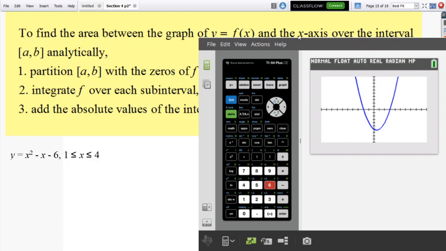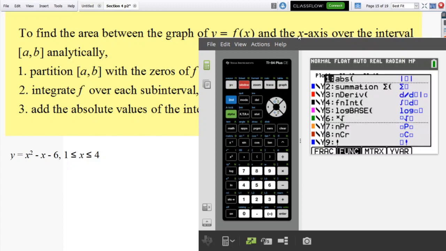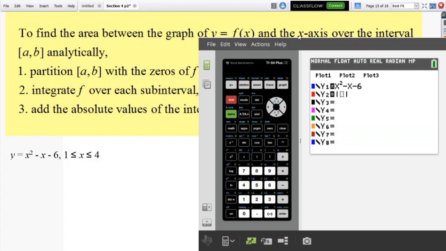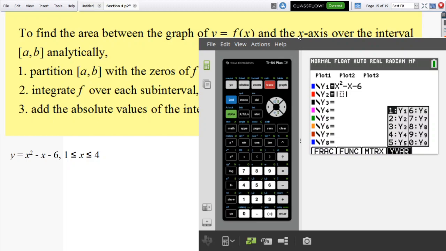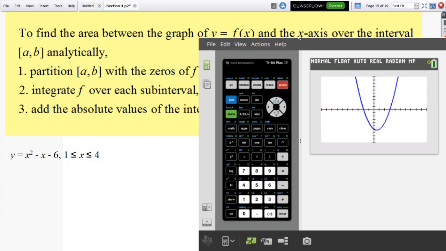Now, instead of graphing the function, I'm going to graph the absolute value of that function. So here I'm graphing the absolute value of x squared minus x minus 6. I'm doing it on the same window so that you can see what happens here. Hey, look at that.